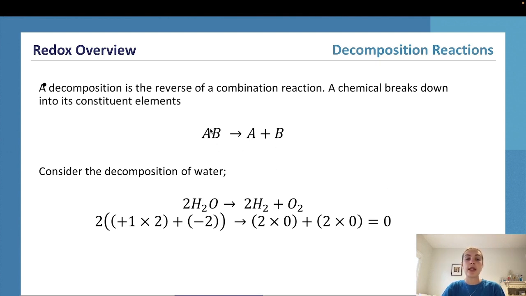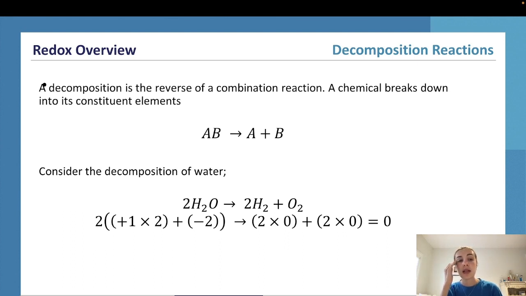So we can see here we've got AB makes A plus B. So essentially they've just been separated down into their constituent parts, and typically these are just the opposite of your combination reactions. So often you can have a combination reaction that is reversible and can reverse back down into this.